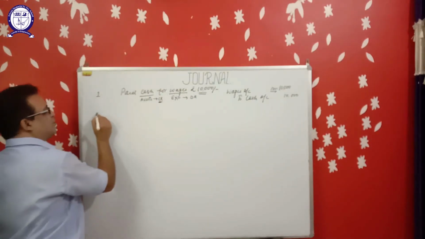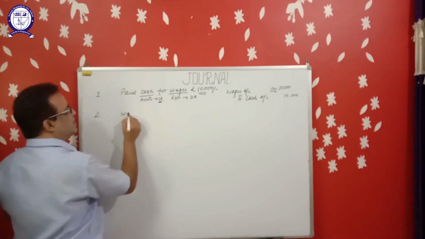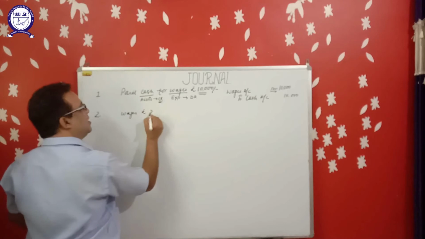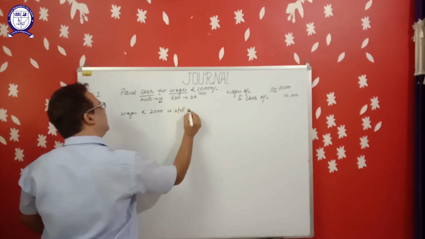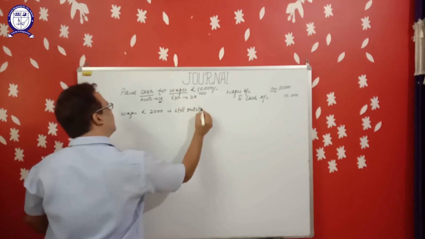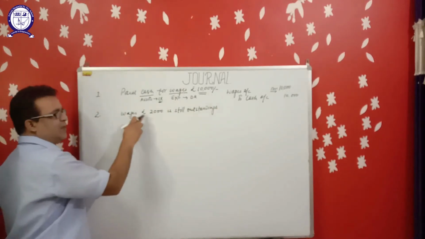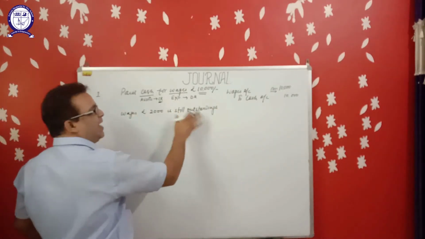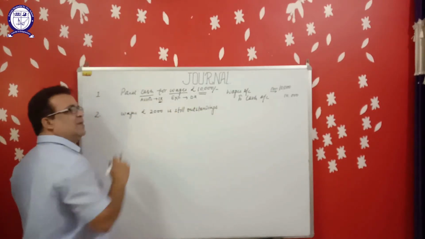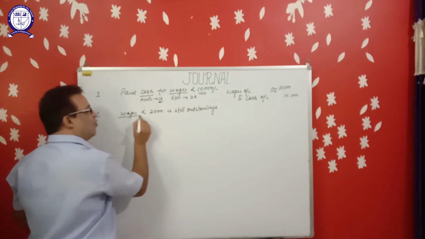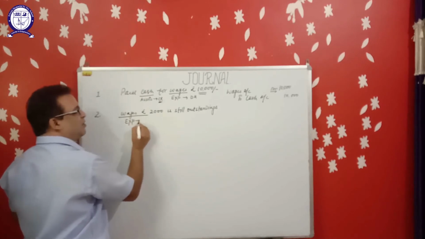Now next point, wages rupees 2,000 is still outstanding. That means wages has become due, but we have not paid the amount. So this will become the liability for the business. Now, first account that is affected, wages account, it is an expense for the business.